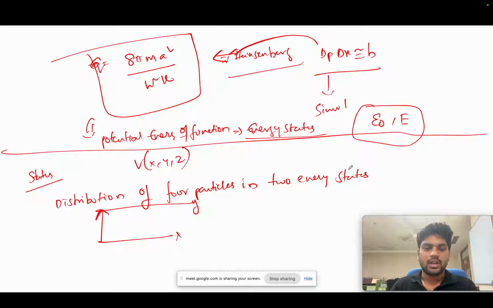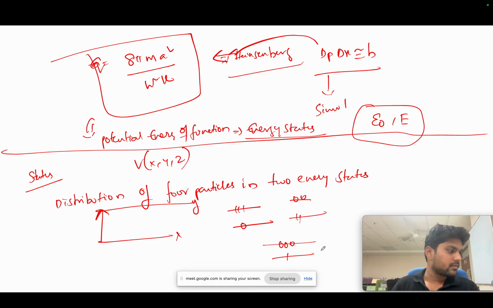Say suppose this can be done in a random way. So total we have 5 microstates.